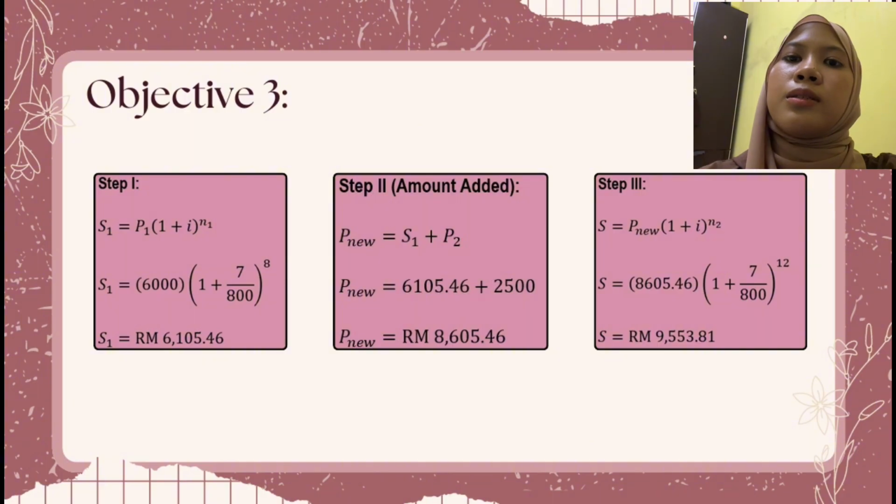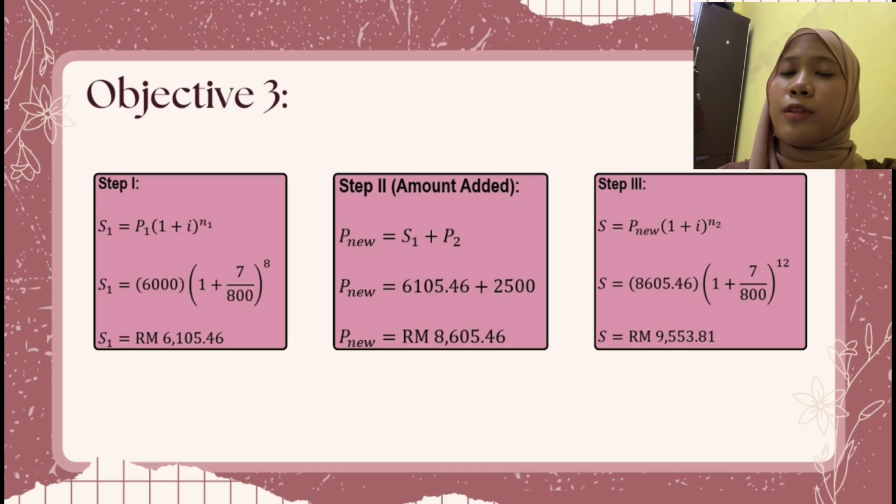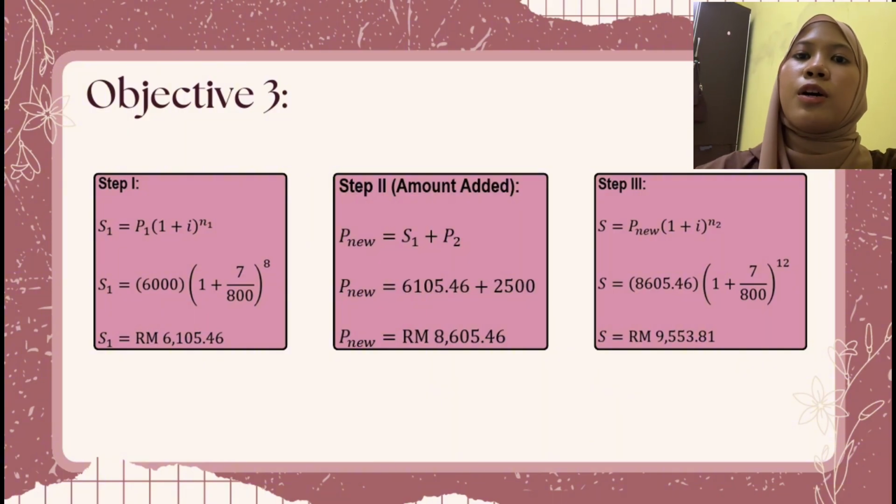After the calculation, the total obtained was RM6,105.14. In step 2, the new principal amount was calculated using P new equals S1 plus P2.